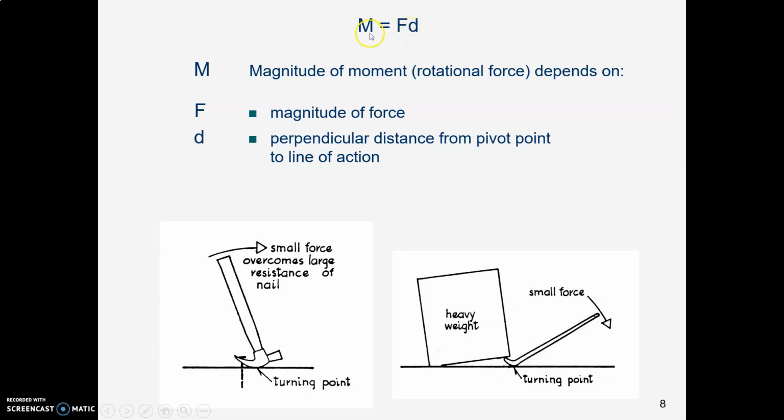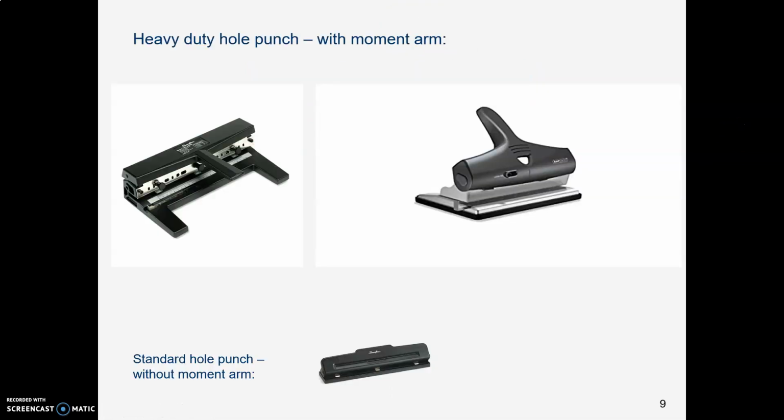The magnitude of that moment depends on how big is the force and how long is the distance. Here's an example. If you want to get a hole punch, if you get an economy model of hole punch, like the one at the bottom here, you can punch holes in a few sheets of paper, but if you want a heavy-duty puncher, you go get one of these jobs, and they have a long handle that sticks out from the pivot point.